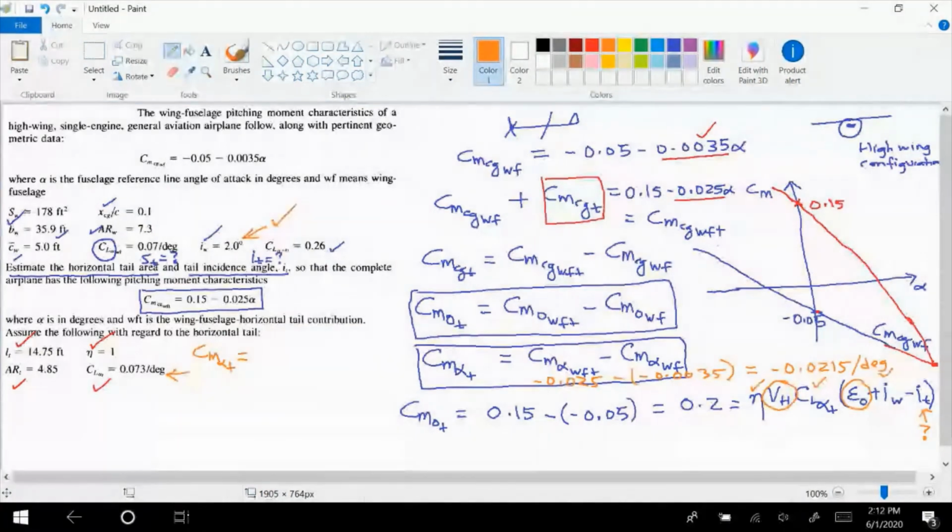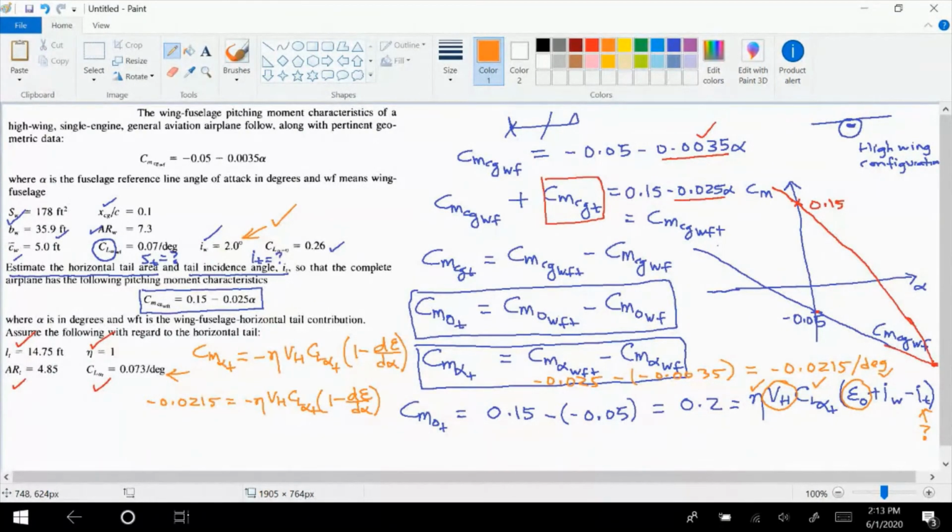And I have the equation for Cm alpha t, right? The equation is minus eta Vh Cl alpha tail (1 minus d epsilon d alpha). This is one of the equations that we had obtained before we started on this example problem. So we have minus 0.0215 equals minus eta Vh Cl alpha t (1 minus d epsilon d alpha).